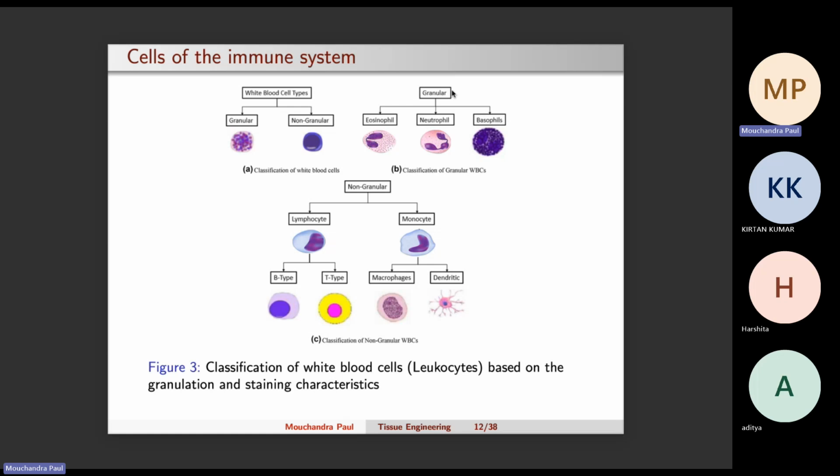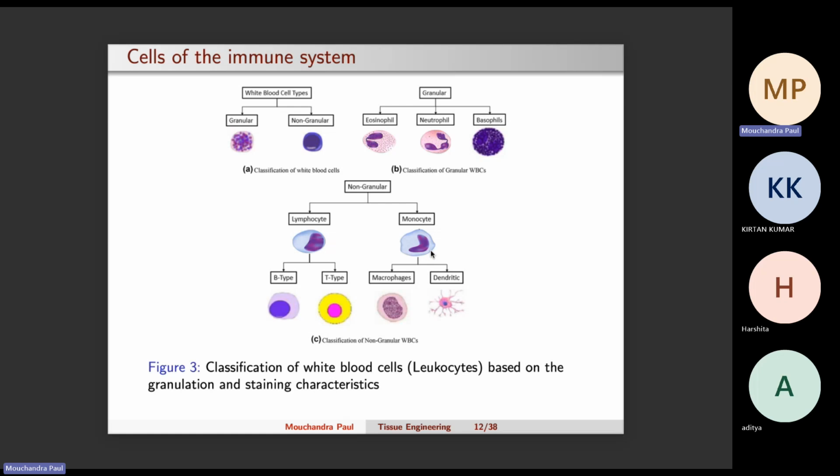Granular cells can be further classified into three types: the eosinophil, neutrophil, and basophil. How these three are different, I will come to in the next slide. The non-granular cells are the lymphocyte and the monocyte.